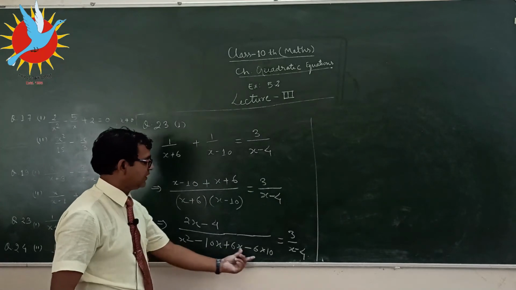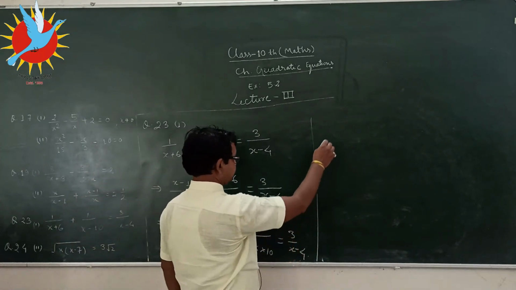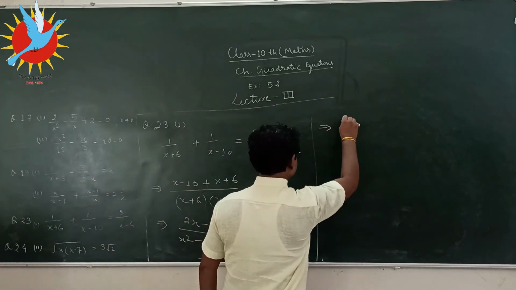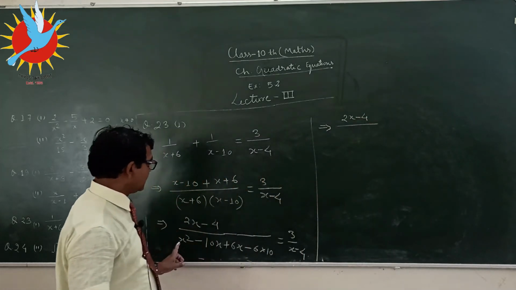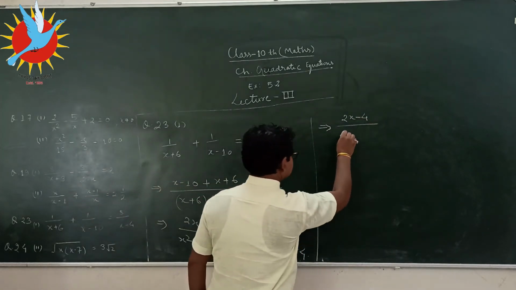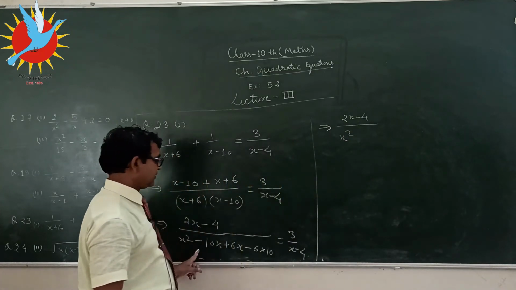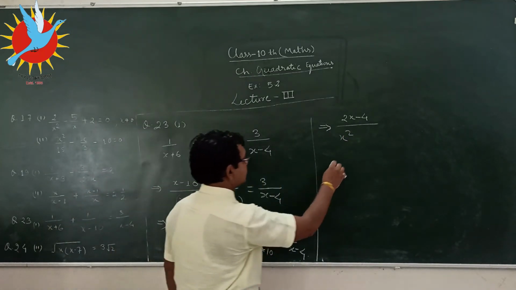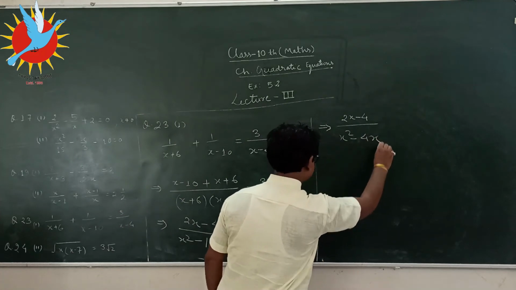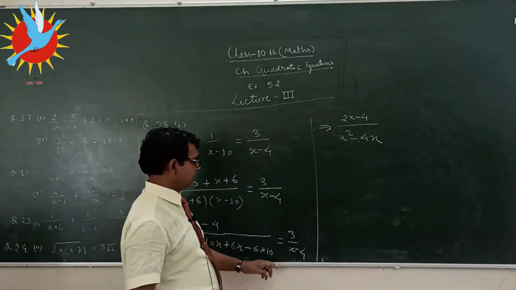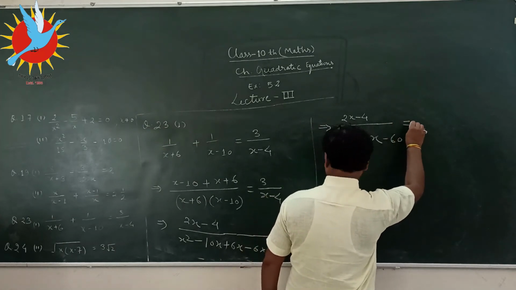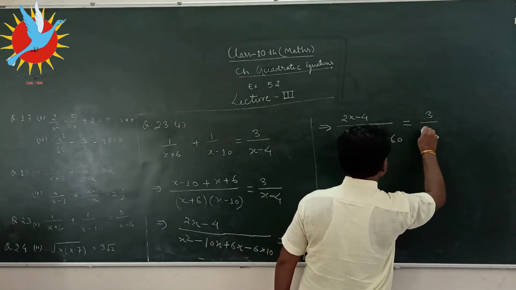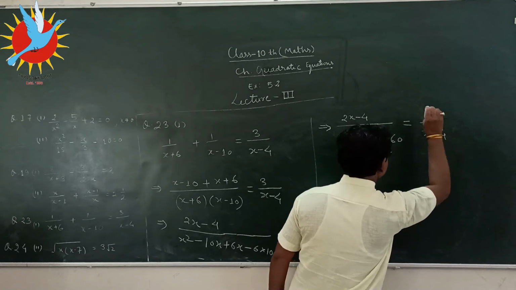Now simplify this. We have (2x minus 4) upon x square minus 10x plus 6x minus 4x minus 60 equal to 3 upon x minus 4.